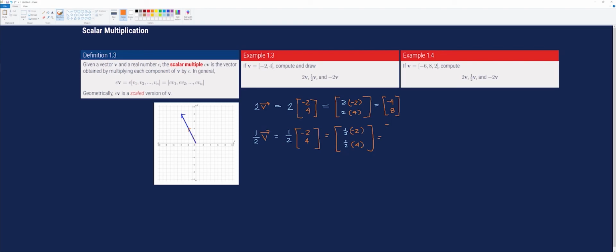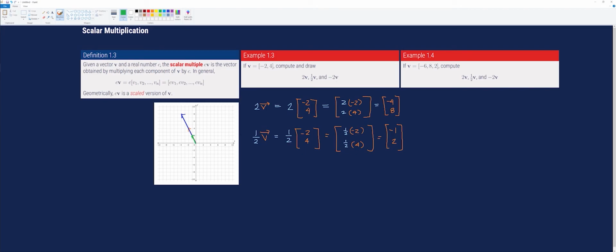We perform the operation, that is -1, 2. If we illustrate this in a Cartesian coordinate system, -1, 2 is here, and this is the new vector. Let's make it a little bit cleaner. Okay, that's acceptable. Notice that the vector now was reduced by half. So the original vector v was scaled by a factor of 1/2.